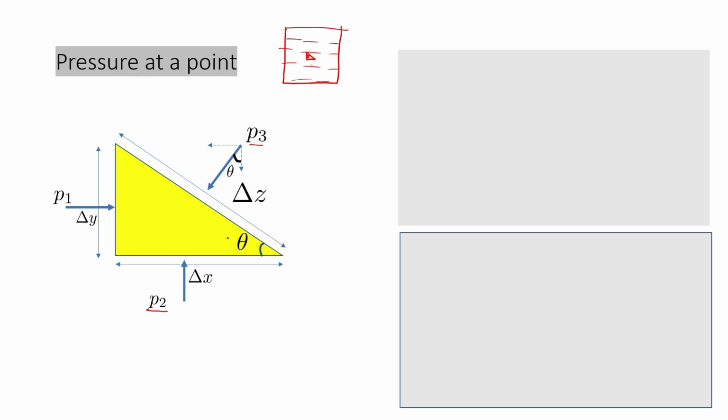So if you take the x direction, what are the forces acting in this direction? And similarly, if you take the y direction, what are the forces acting in this direction? Since the fluid element is stable, that is in equilibrium, all the forces are balanced. So all the forces in the x direction and y direction are balanced.